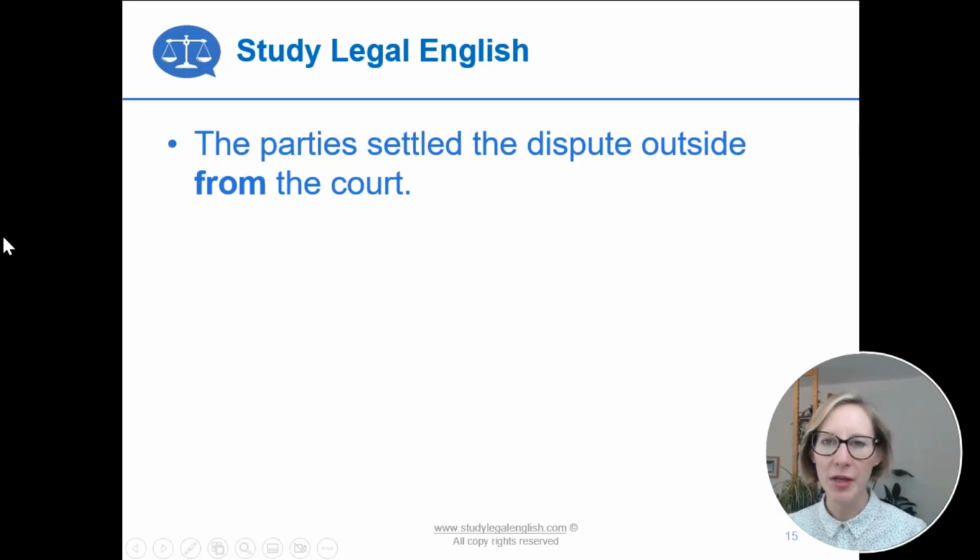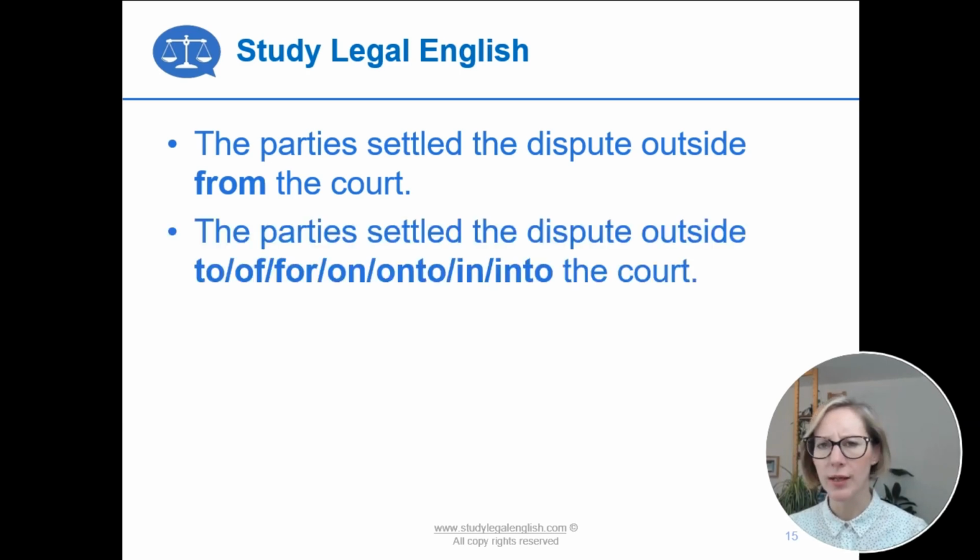All right, the first phrase that we're looking at is this. The parties settled the dispute outside from the court. That's a mistake. It's a common mistake. This is not the correct way to say that particular phrase. It's the wrong preposition, but there's also another mistake here. So, first of all, can you try to choose the correct preposition in this sentence to make it correct?